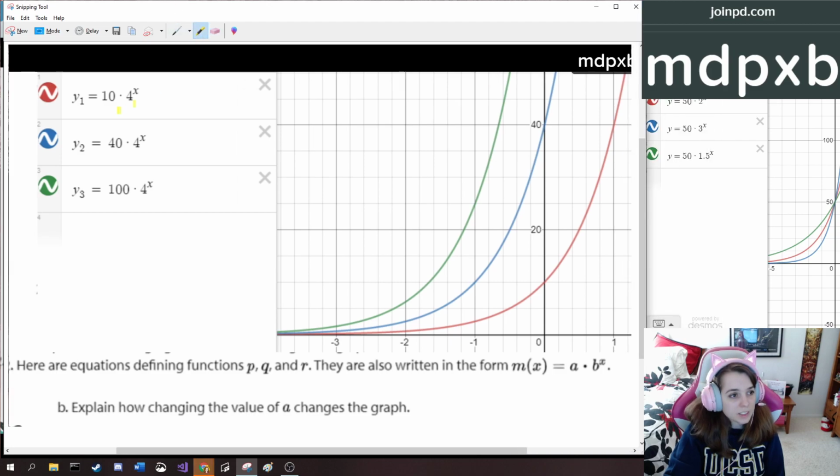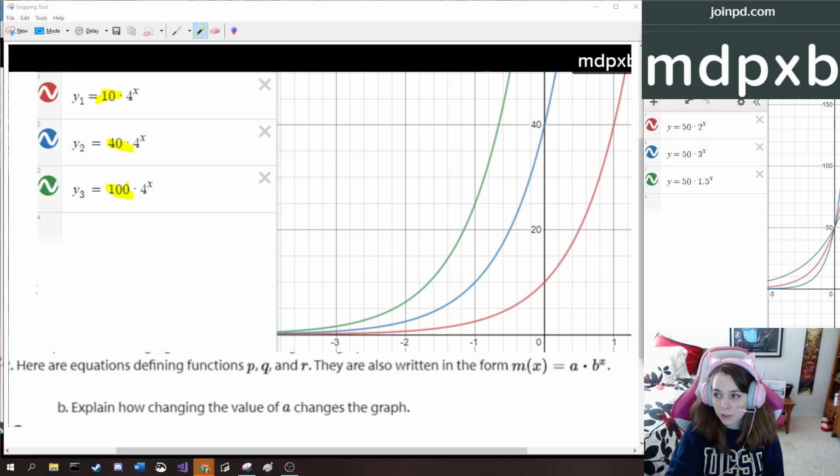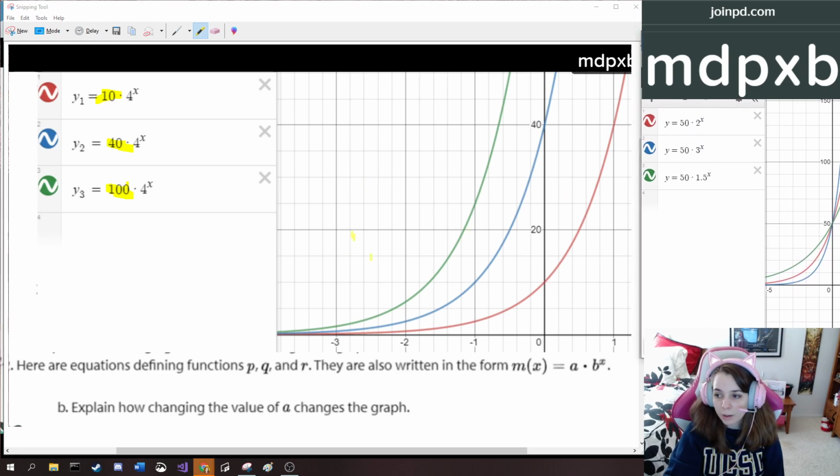For this one, as you can see, the rates of change are all the same. However, what's changing here is the starting value. So how does changing our starting value affect our graph?